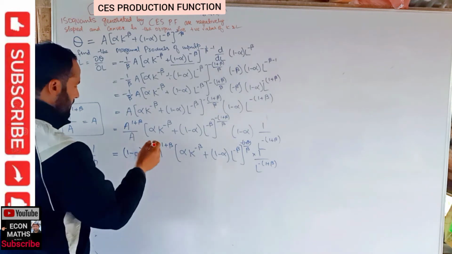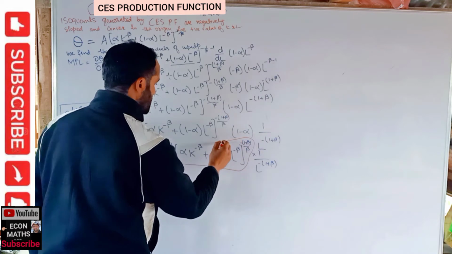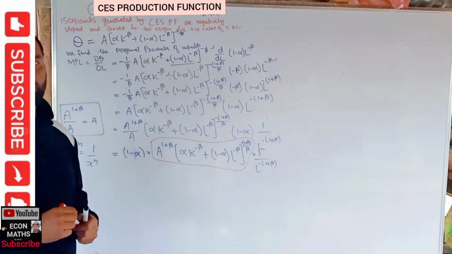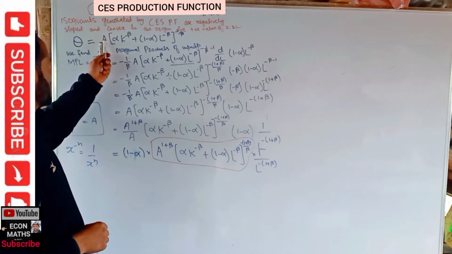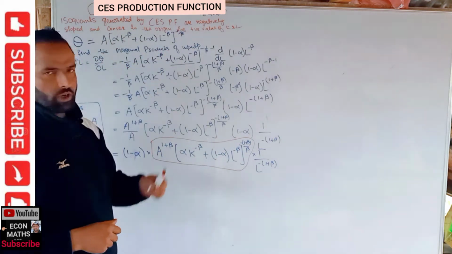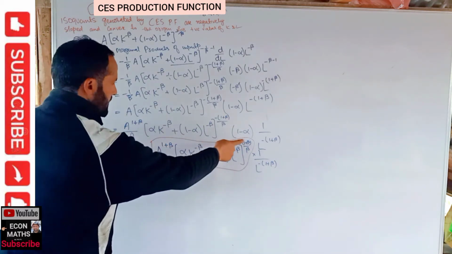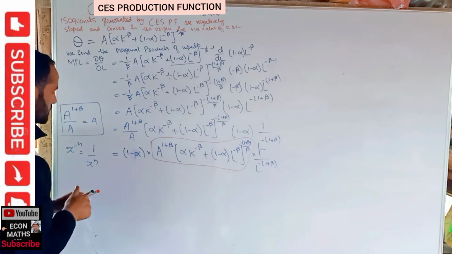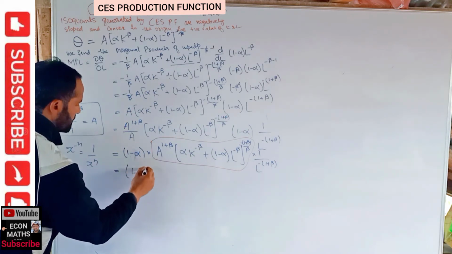Now if we can see here, this very thing will become, because our Q is equal to A into alpha K to the power minus beta and so on, whole power minus 1 divided by beta. This red part will become, I will write here, 1 minus alpha.